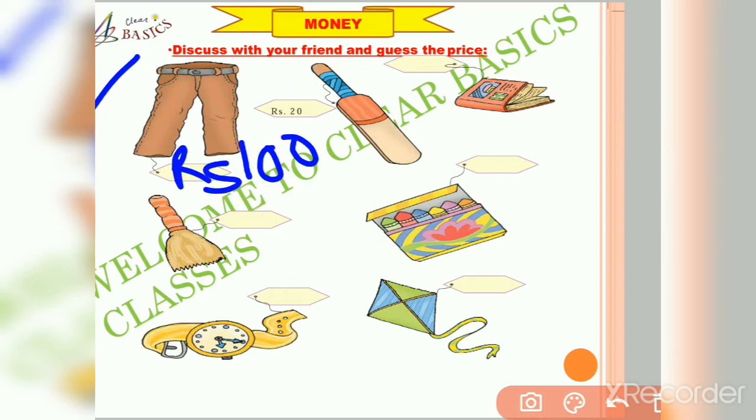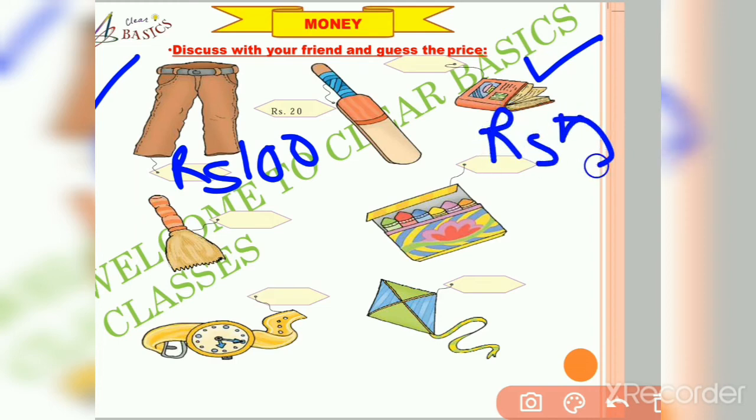Next we can see there is a picture of a book and as per the market valuation, let us guess the price of this item. So let us assume the price of the book to be rupees 50. Next we can see there is a picture of a paintbrush and as per the market valuation, let us guess the price of this item.